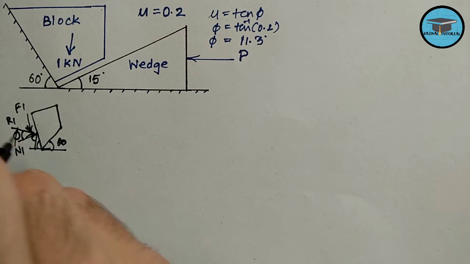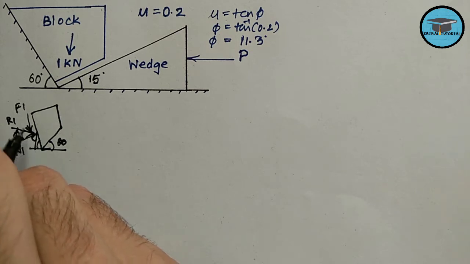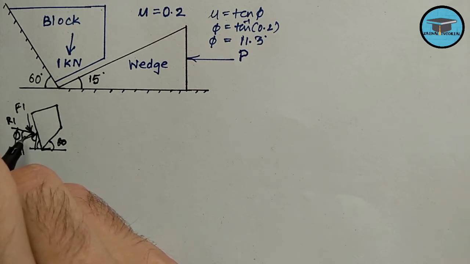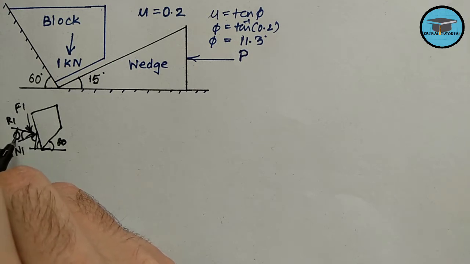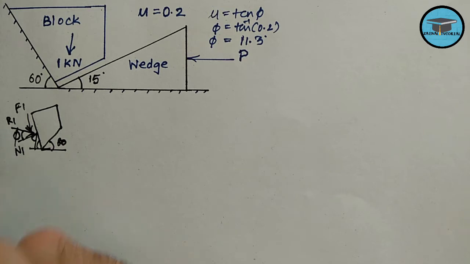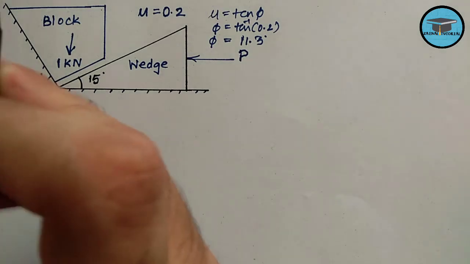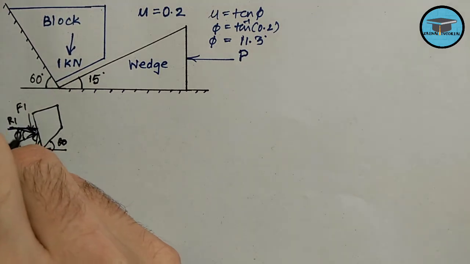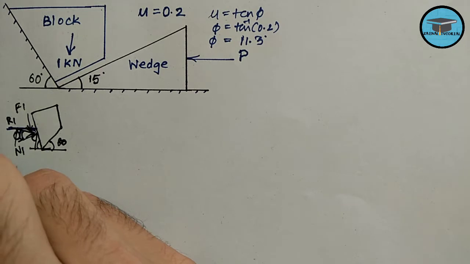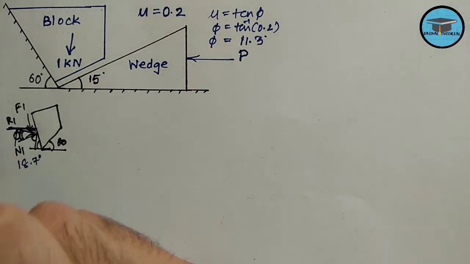Since this angle is 60 degrees with the horizontal, the total angle would be 30 degrees. So R1 would be making an angle of 30 degrees minus phi, that is 18.7 degrees, with the horizontal. So R1 is making an angle of 18.7 degrees with the horizontal.